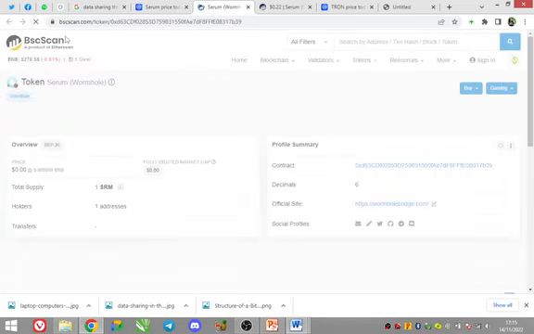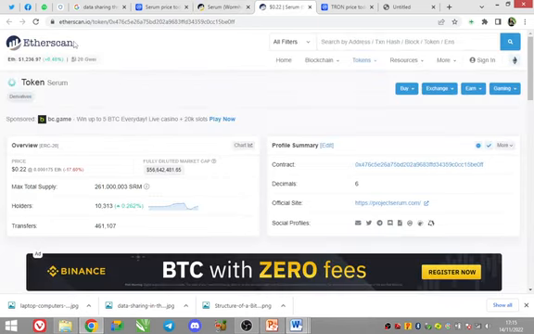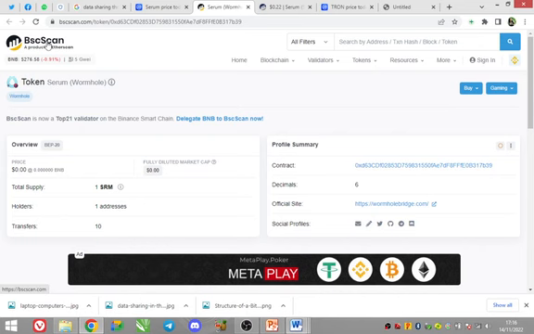The Explorer of BNB is BSCscan, while the Explorer for Ethereum is Etherscan. We also have Solana here.